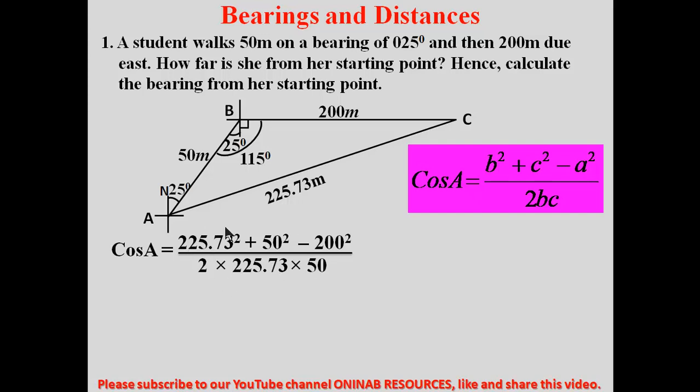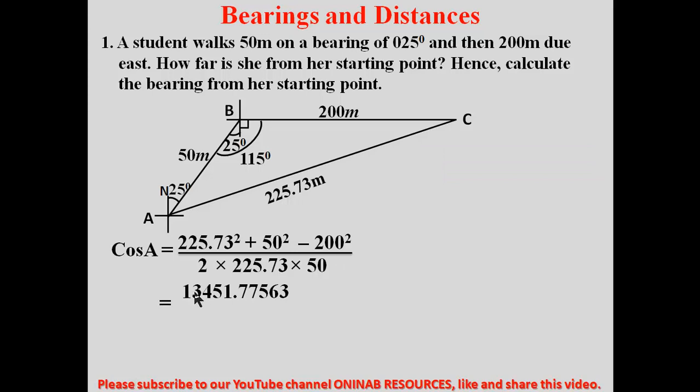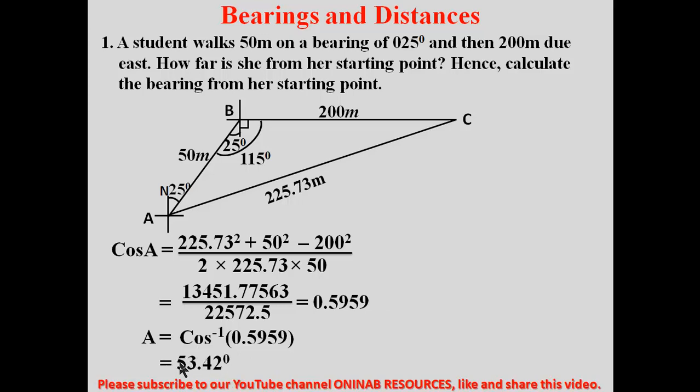So inputting all this in our calculator, we have the numerator to be 13,451.77563 over, simplifying the denominator, we have 22,572.5. Then simplifying, we have 0.5959.